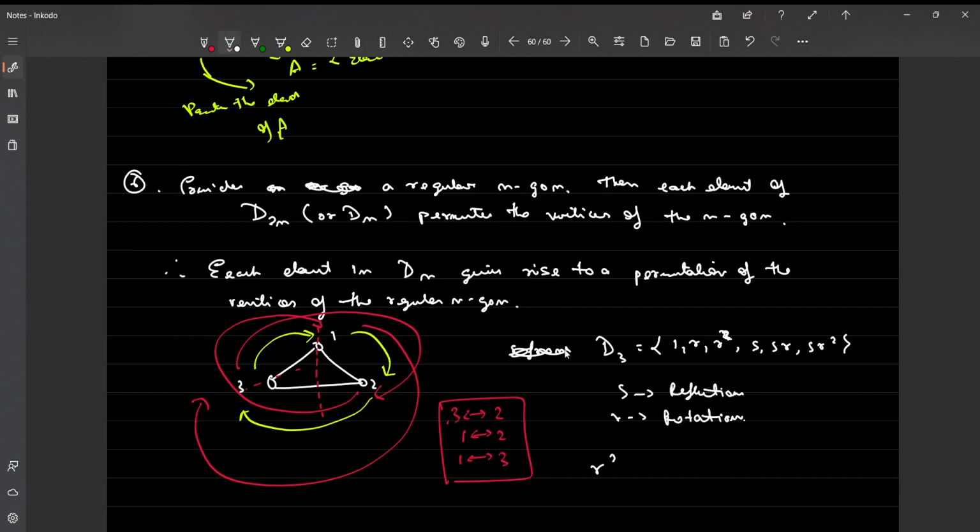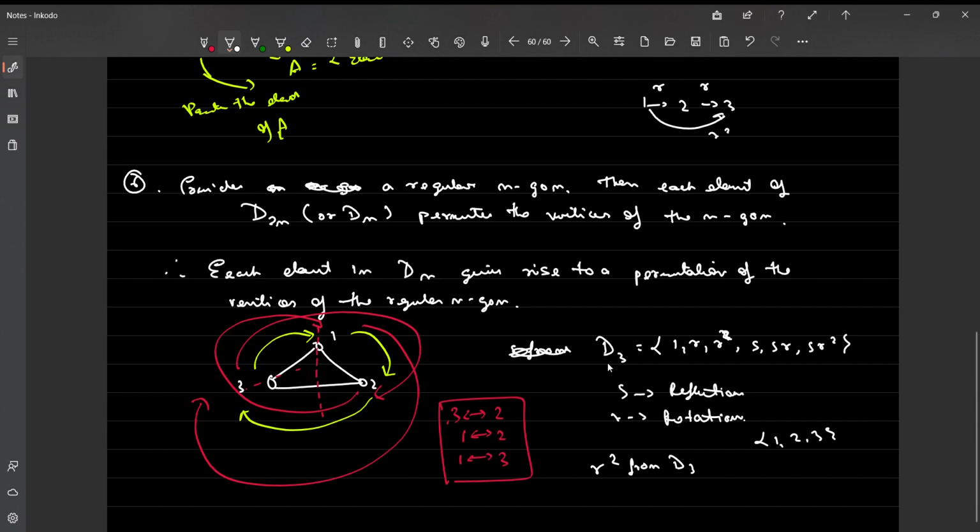Now if you choose an element from D_3, let's say R squared, formally speaking, what does R squared actually do? It applies the rotation twice to each vertex. 1 goes to 2 is induced by R, then 2 goes to 3 is induced by R, so this is induced by R squared.